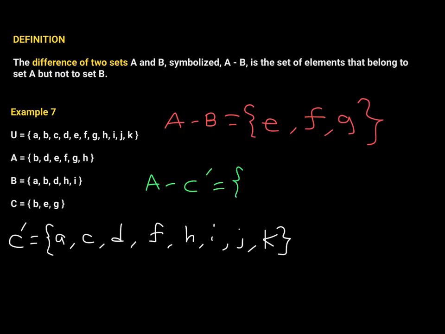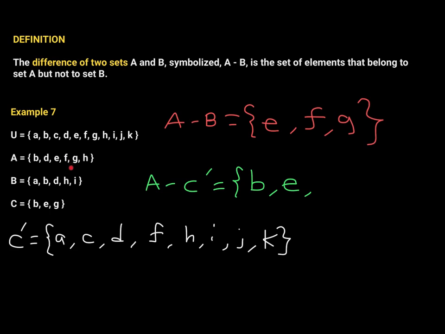All right, here we go. B makes it in because B is in A, but B is not in the complement of C. D is in the complement of C. E makes it in because E is in A, but it's not in the complement of C. So E makes it in. Anything else? F, no, F doesn't make it. G makes it.